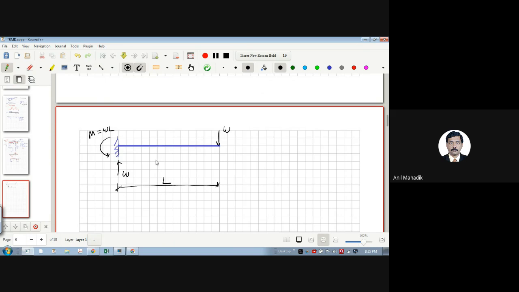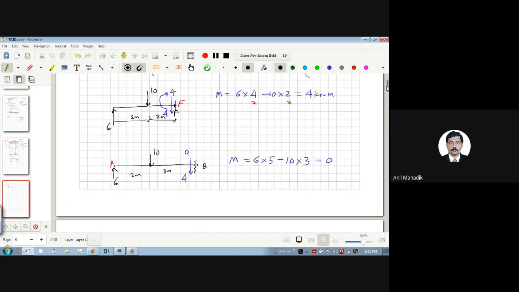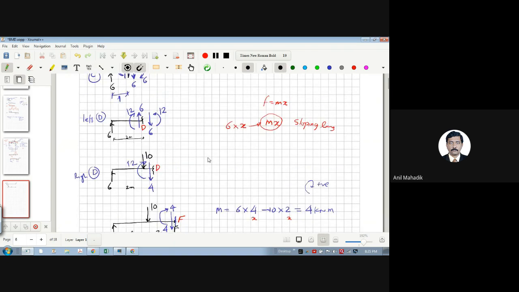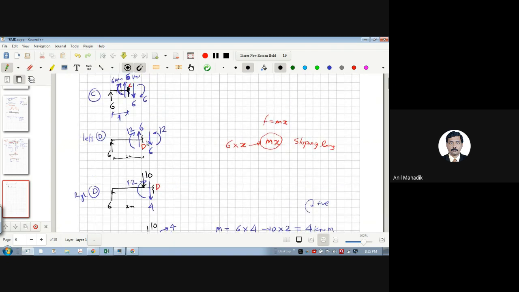Now, what is a free body diagram actually? We have already discussed shear force. I have told you that at any section, the equilibrium equation has to be satisfied. We have seen here the shear force was upward and the moment clockwise, so at the same section on the right side there has to be a downward force 6 and an anti-clockwise moment 12.